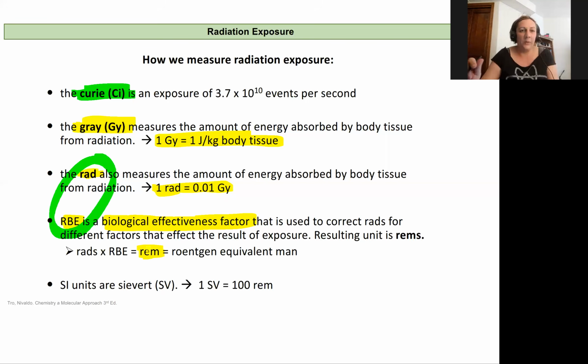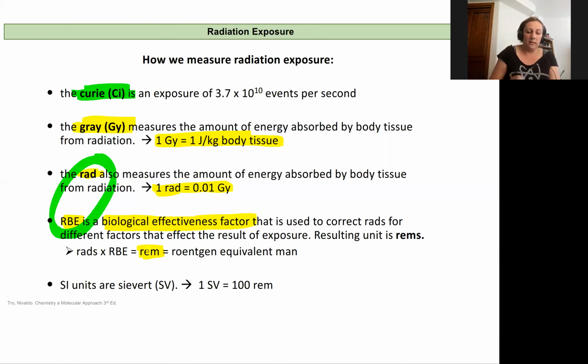What we're tracking with REMs, which is the most common way I've seen radiation exposure discussed when talking about humans, is not just the energy absorbed by the body tissue measured in rads, but also a correction by a biological effectiveness factor that takes into account a lot of different variables that affect the severity of an exposure event.